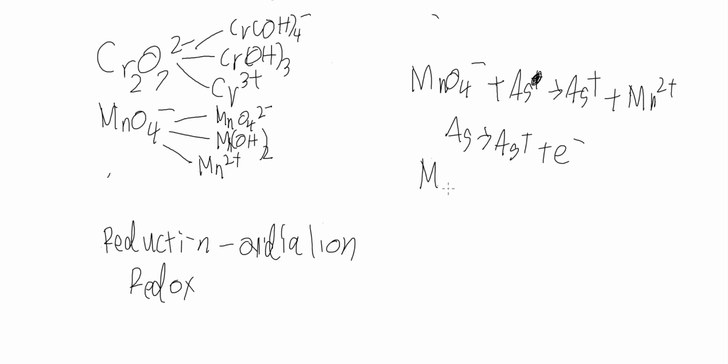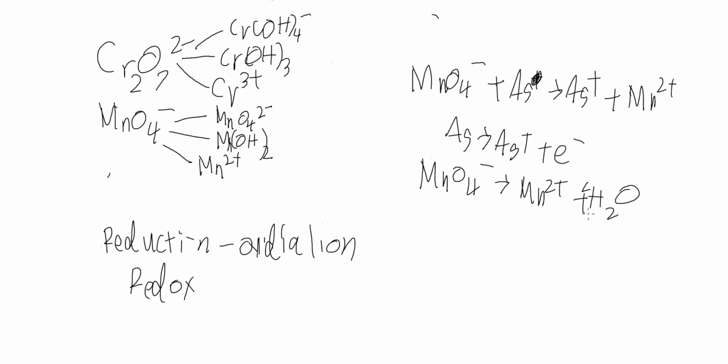MnO4- turns into Mn2+. And you may be wondering, where did the oxygen go? The oxygen escaped in the form of water, H2O. And if you're wondering where did the hydrogen come from, that's where the acidic solution comes in.